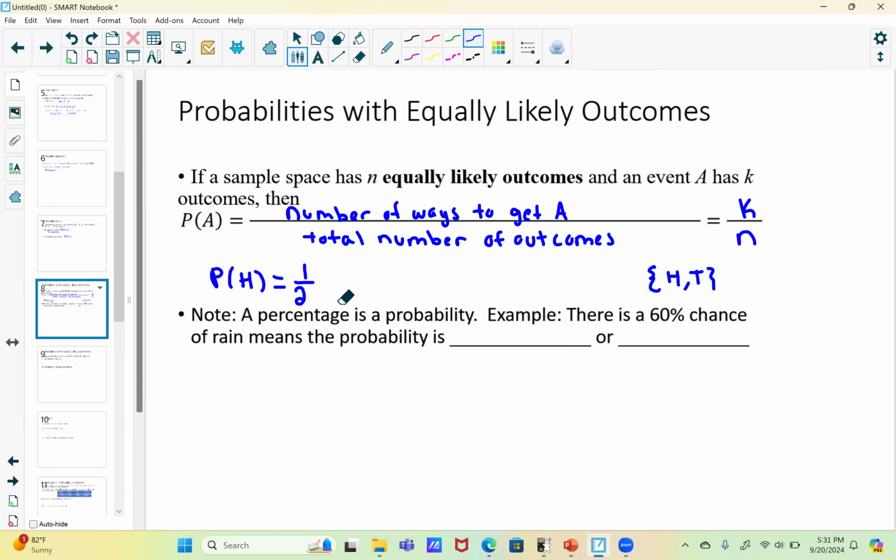And so the probability of getting a head is 1/2. We often talk about percentages, and a percentage is a probability. If there's a 60% chance of rain, that means the probability is 0.60 or 0.6. Or you can think of it as a fraction, 60 over 100. Again, a probability is really just a proportion, a fraction.